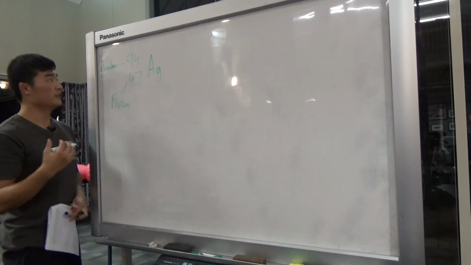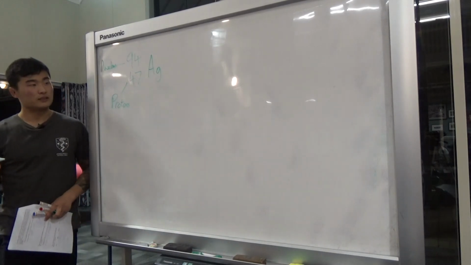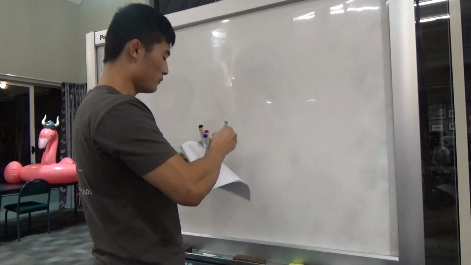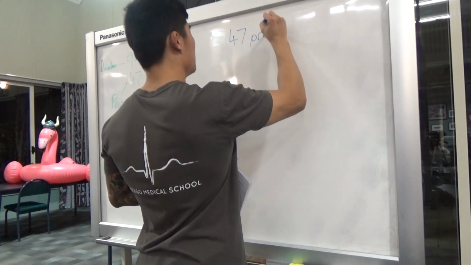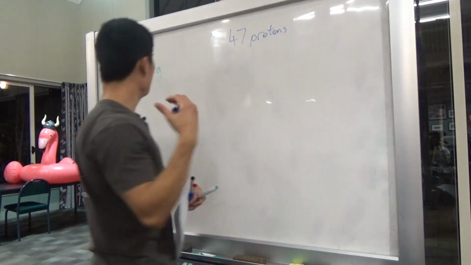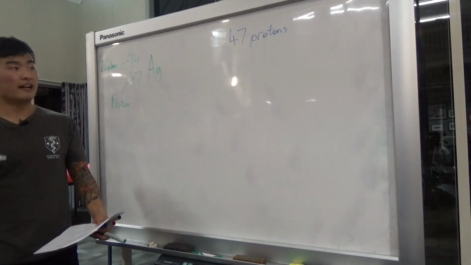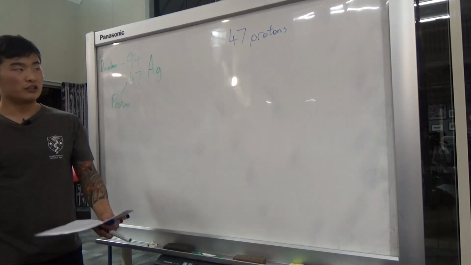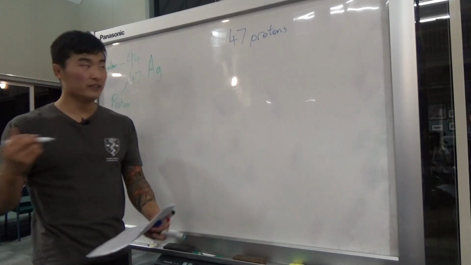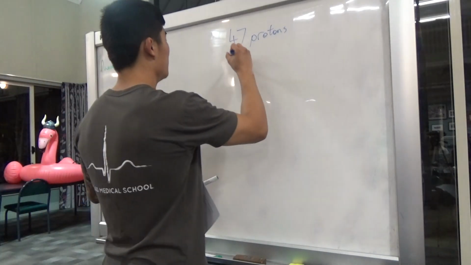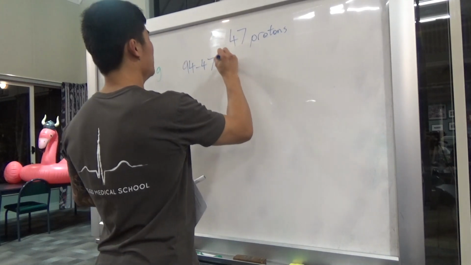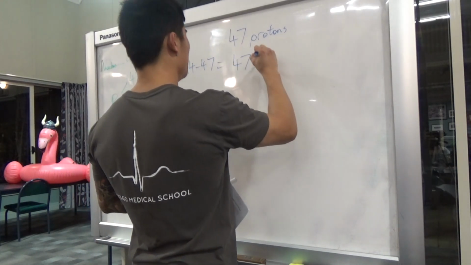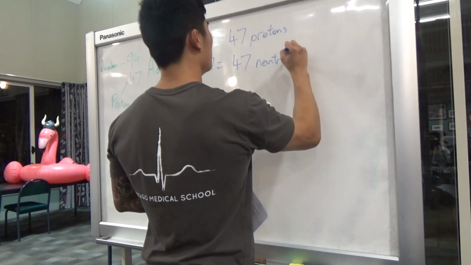So the number of neutrons: if we have 94 nucleons and 47 protons, our number of neutrons will just be 94 minus 47, which is equal to 47 neutrons as well.